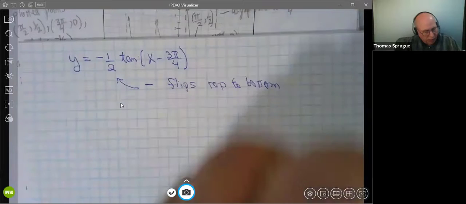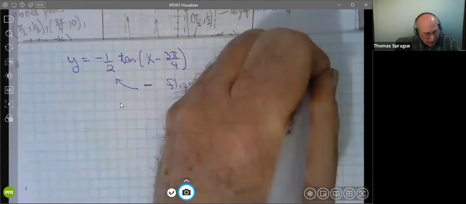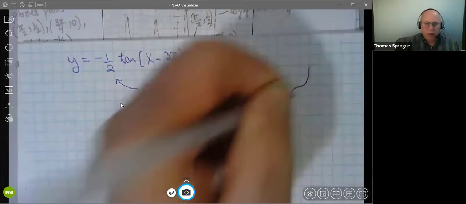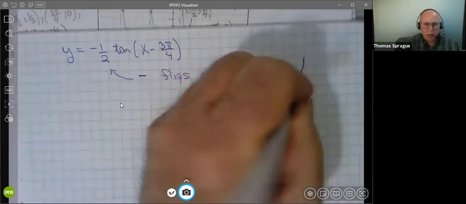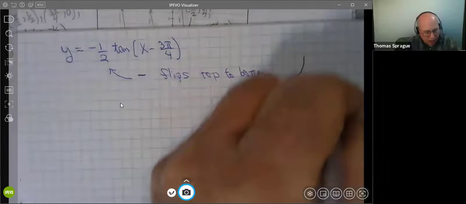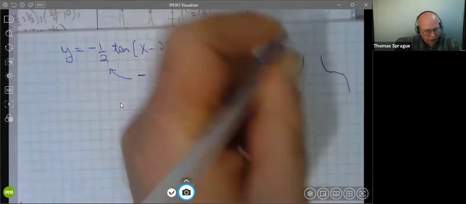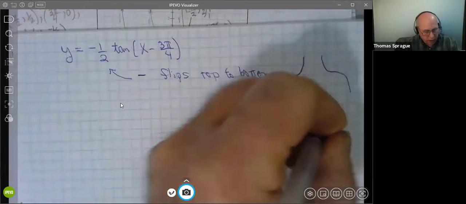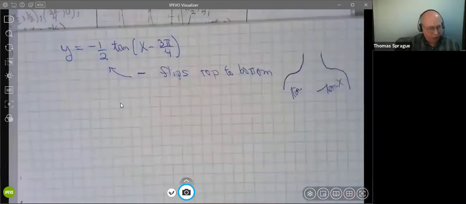So let's draw it as it does appear. The tangent curve looks sort of like this. That's the regular old tangent. And then if you take tangent and multiply it by a negative, anything, it's going to flip it over. So this is a minus tangent of x, has that kind of shape.